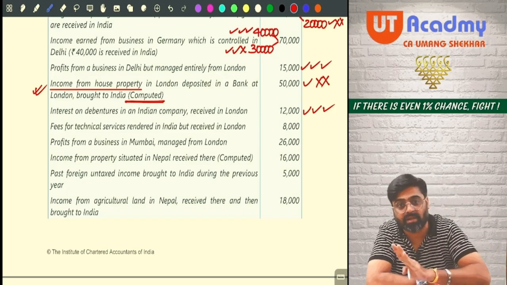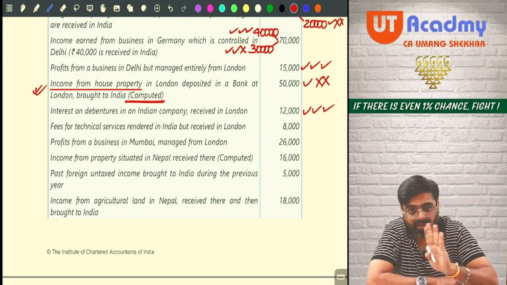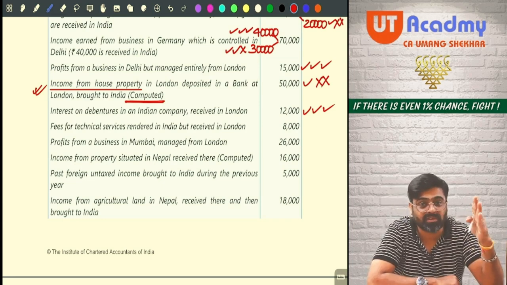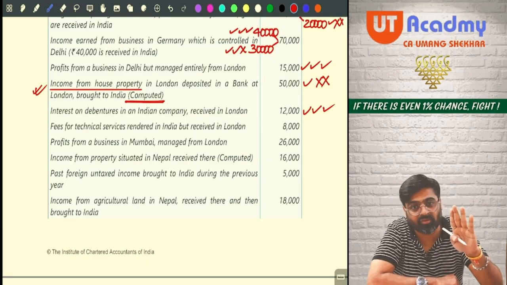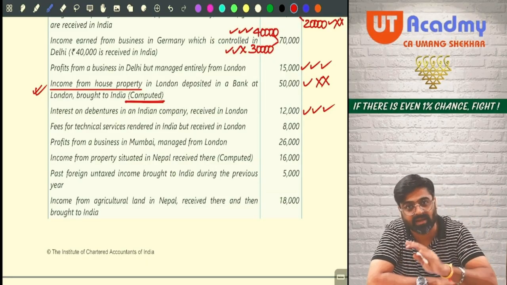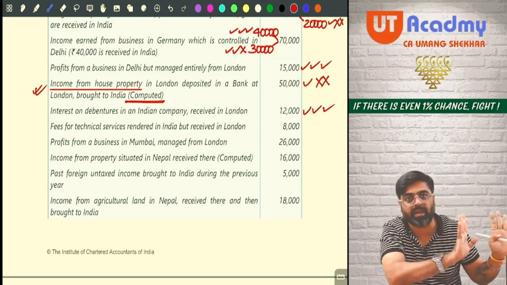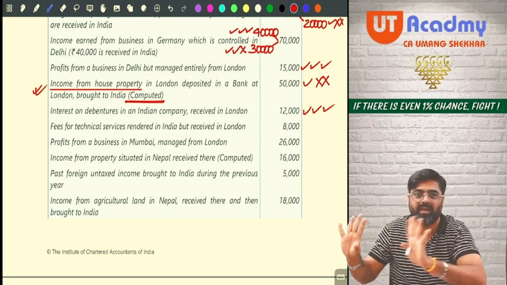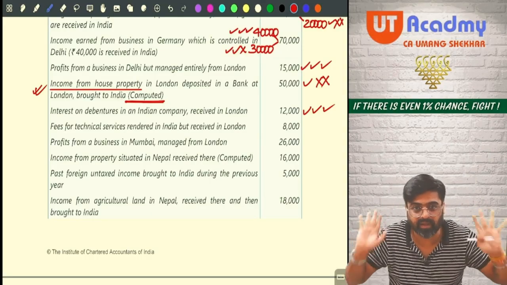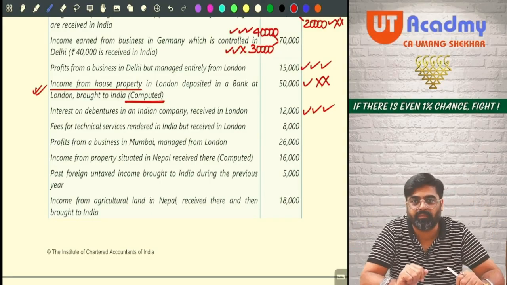Resident is giving you interest on loan. And nothing is mentioned that the resident has used that loan for a business, profession or source of income outside India. That means whatever interest comes from the resident is deemed to accrue or arise in India. Even if it is received outside India, it will not make any difference. It is deemed to accrue or arise in India. Section number 9. Hello, sir.